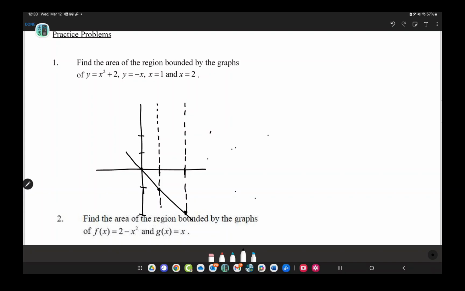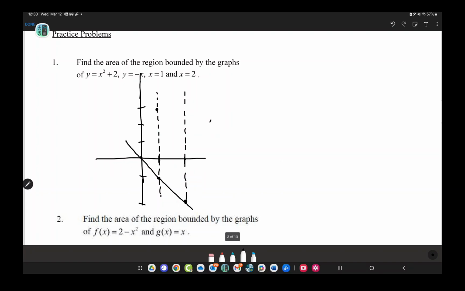At 1 we get 3. And at 2 we get 6, way up here. We want, I can do this.